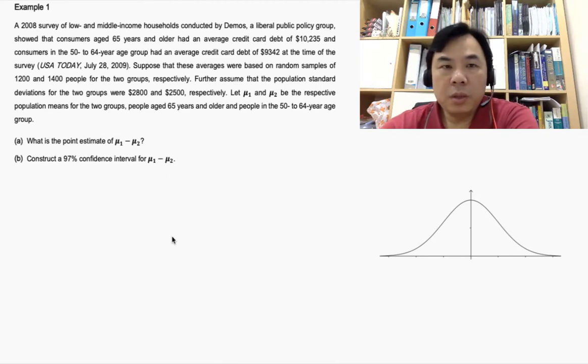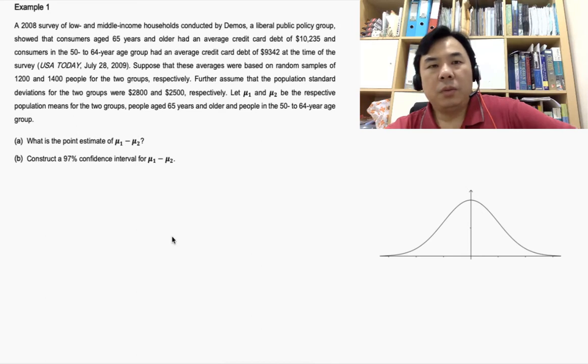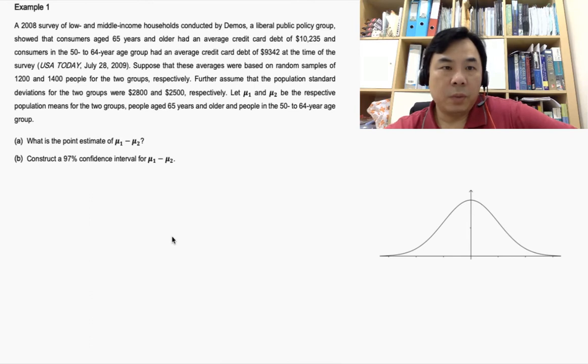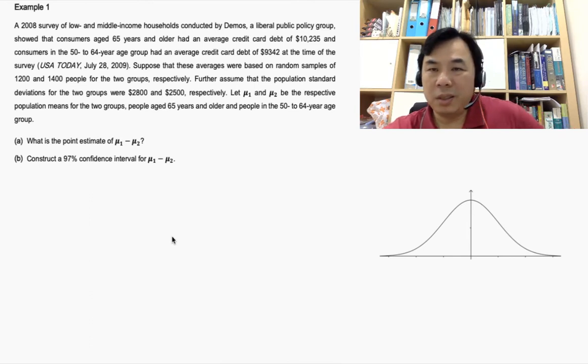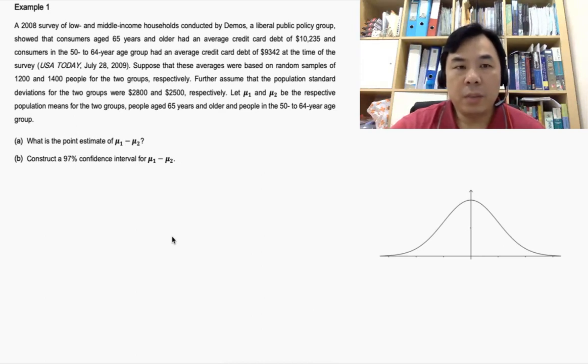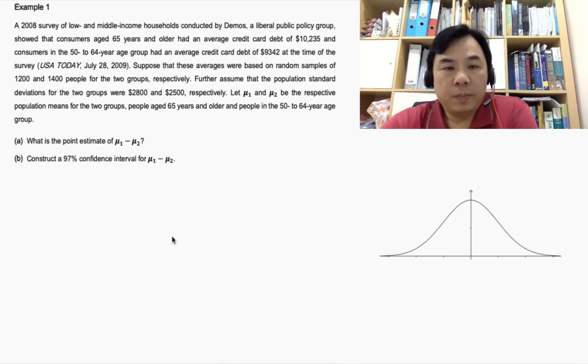It shows that consumers aged 65 years and older had an average credit card debt of 10,235, and consumers in the 50 to 64 years age group had an average credit card debt of 9,342 at the time of the survey. This was a long time ago. It was surveyed in the US in 2009. Suppose that these averages were based on random samples of 1,200 and 1,400 people for the two groups, respectively.